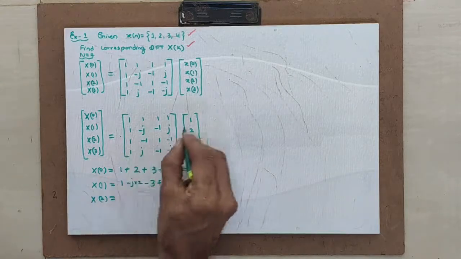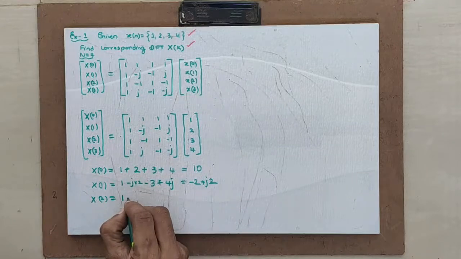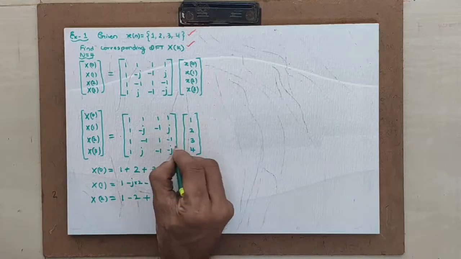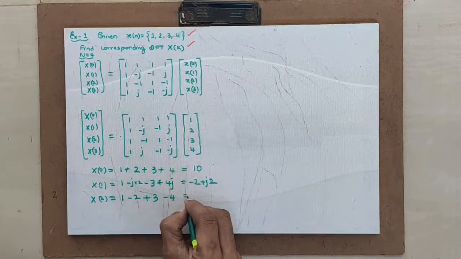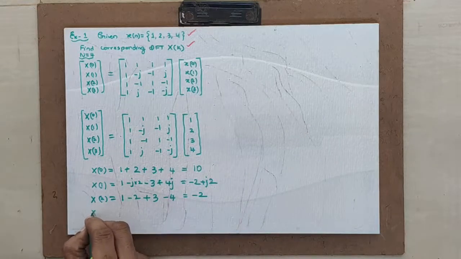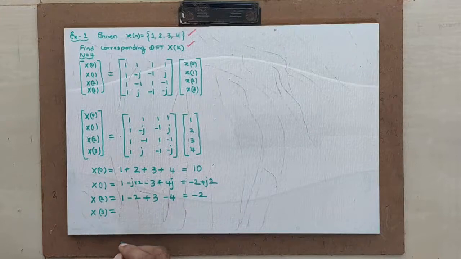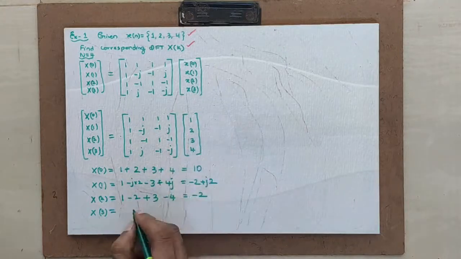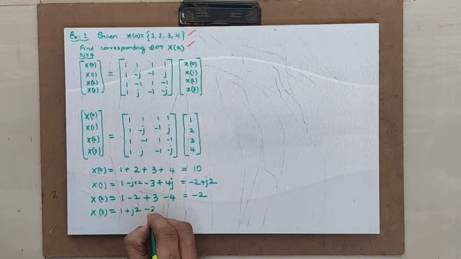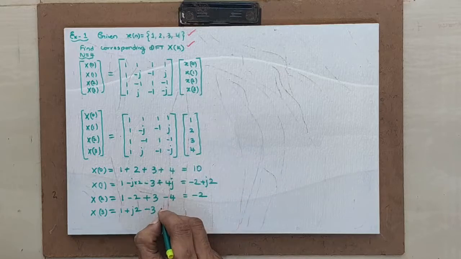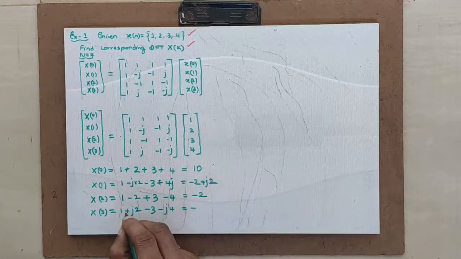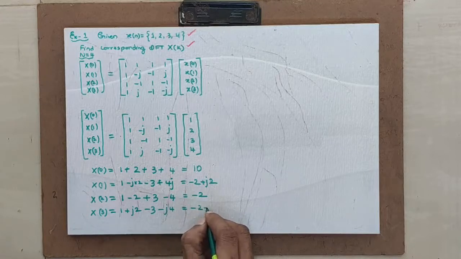X2, 1 into 1, minus 2 plus 3 minus 4. Minus 2 is your answer. X3, now X3, this and this. 1 plus j2 minus 3 minus j4. Now it became minus 2 minus j2.